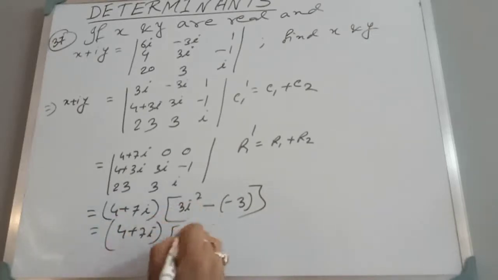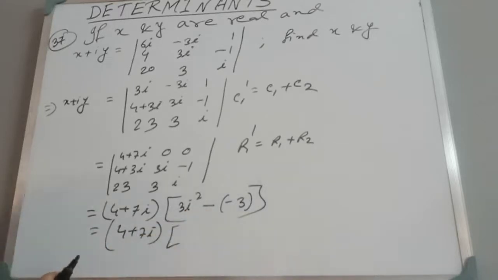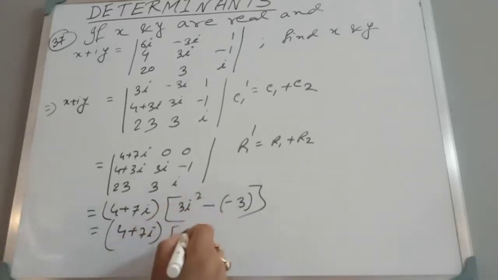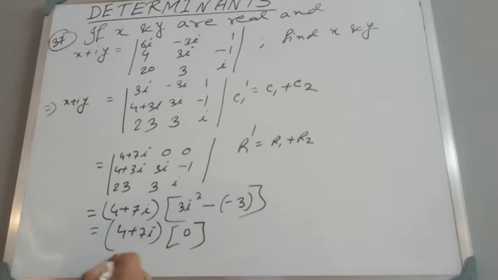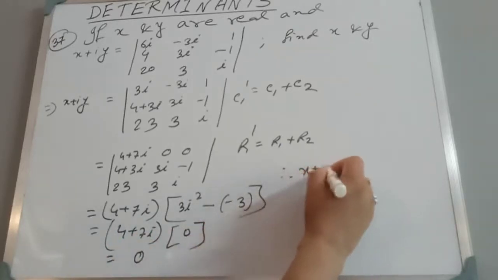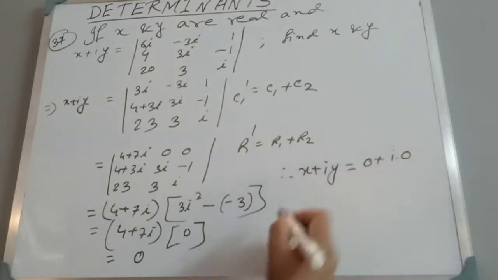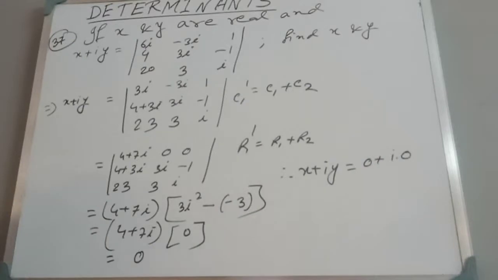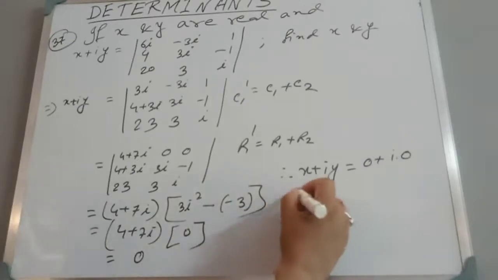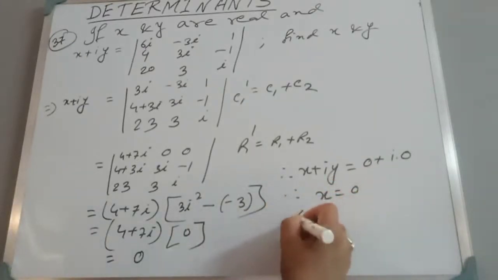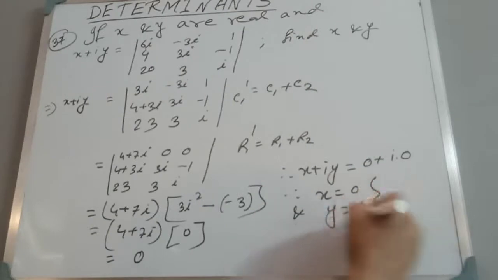We know for complex numbers i square means minus 1. So minus 3 and minus minus plus, so it is coming 0 only. The whole thing will be 0. Then x plus iy is equal to 0 plus i into 0. So what is x, what is y? Therefore we can write x is equal to 0 and y is equal to 0.